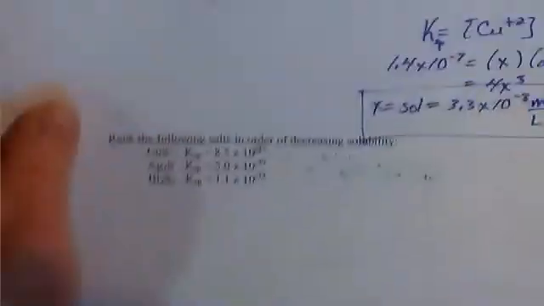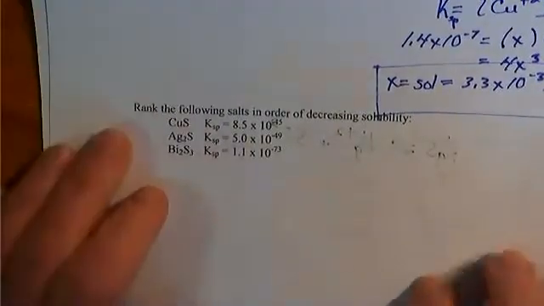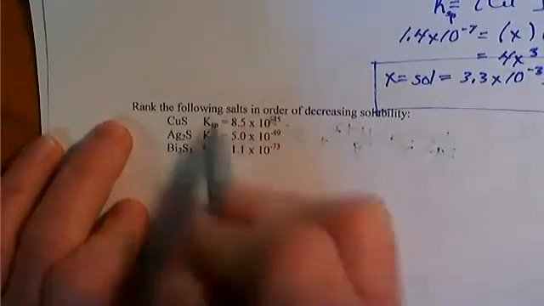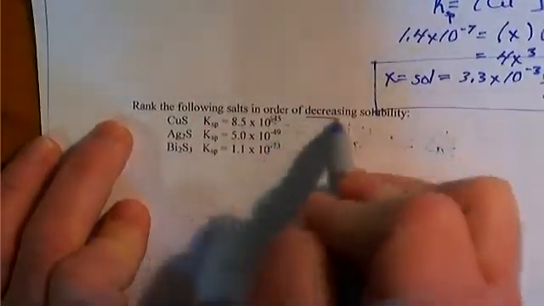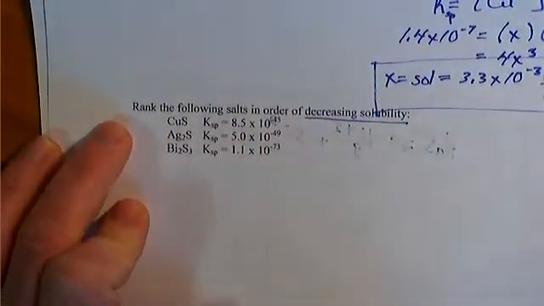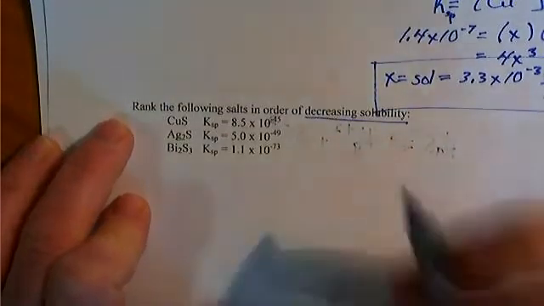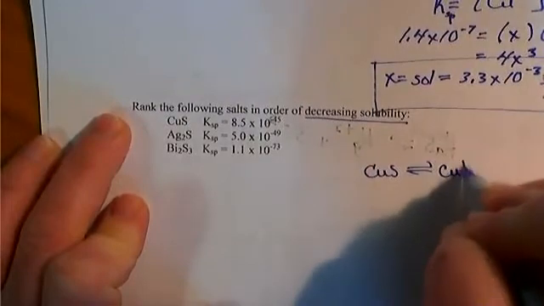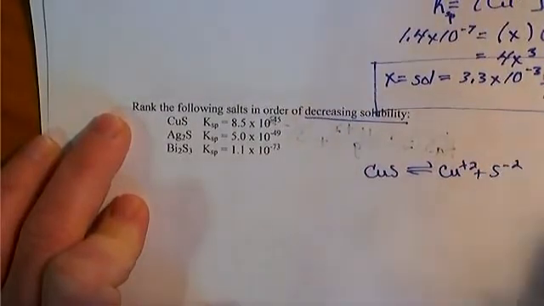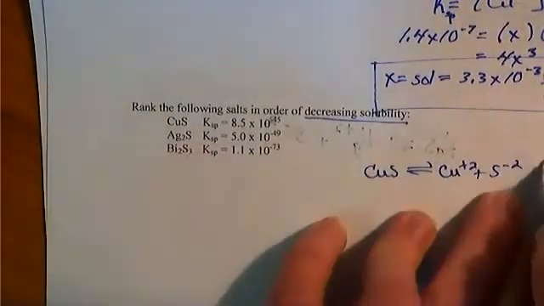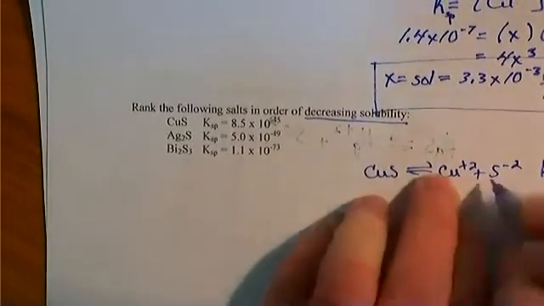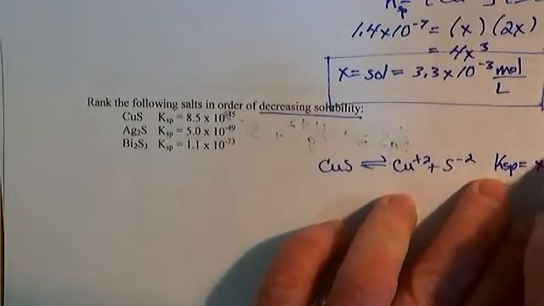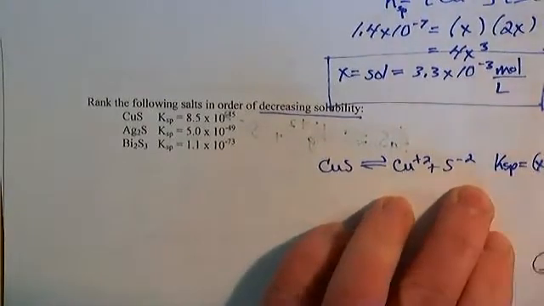On that page 3 of your student note packet, they are asking to rank these salts in decreasing solubility. Well, our CuS is 1:1, and so our Ksp will end up being, in terms of solubility, x times x, or x squared.